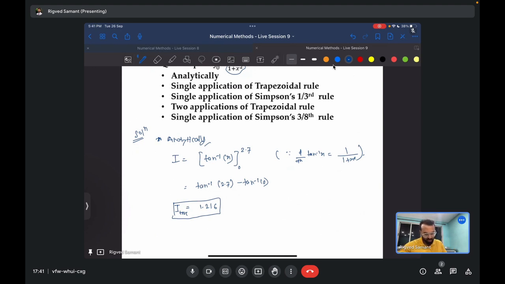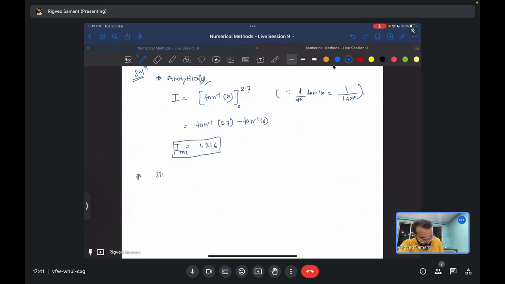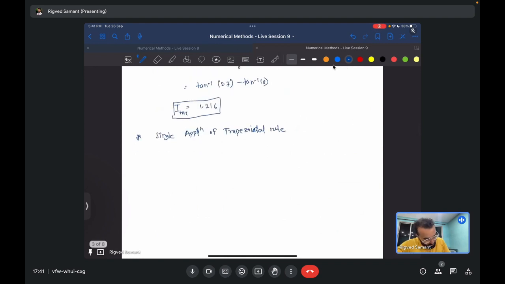Now the second question is, solve it using a single application of the trapezoidal rule. So a single application of the trapezoidal rule. Just for the sake of demonstration, the curve I am going to show might be different.